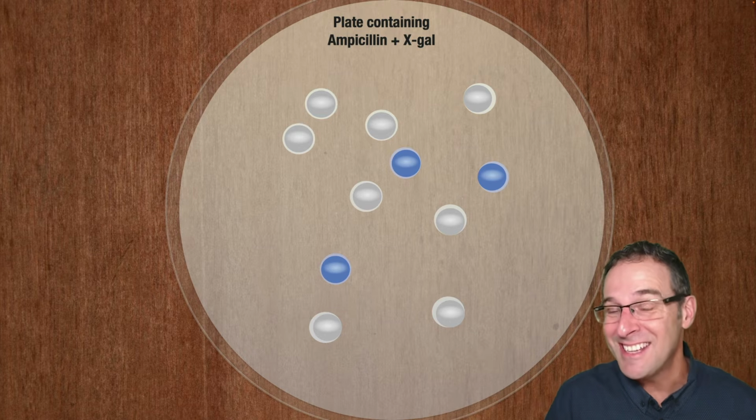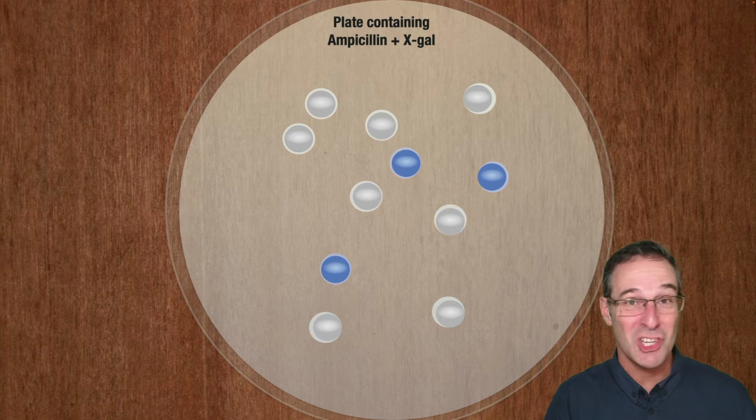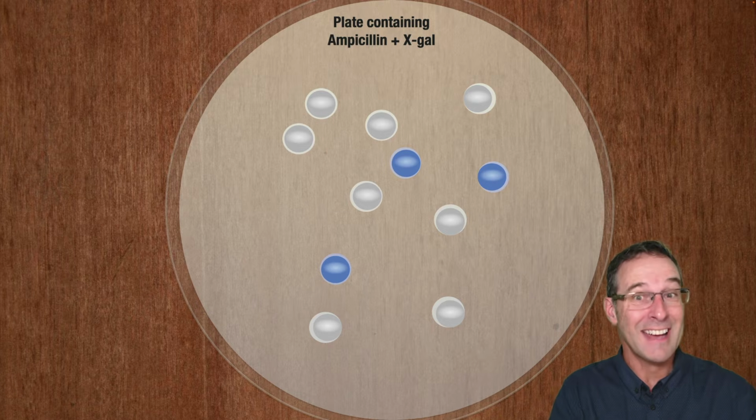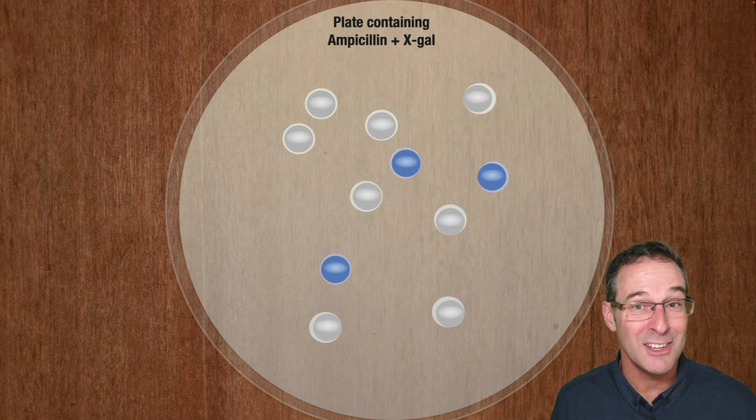But it's the X-gal here that's really important because those colonies that have turned blue, the reason they've turned blue is because they have the beta-galactosidase gene in the plasmid that they've taken up. The colonies that have stayed white haven't taken up a beta-galactosidase gene, so they can't produce beta-galactosidase, so they can't cut X-gal into galactose and that blue indole molecule.